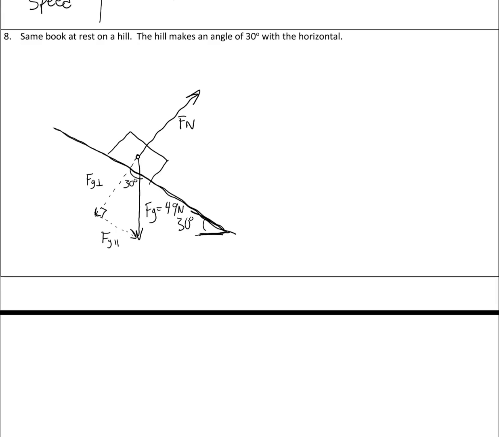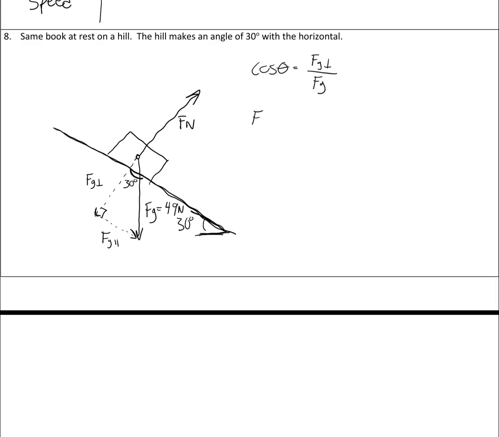You have a right triangle. FG is the hypotenuse. FG perpendicular is adjacent to this angle. So if you have adjacent and hypotenuse, you're going to use cosine. Cosine theta is equal to FG perpendicular over FG, adjacent over hypotenuse.